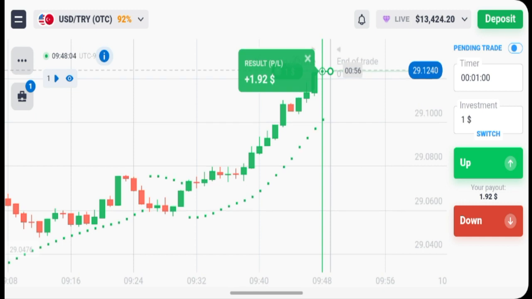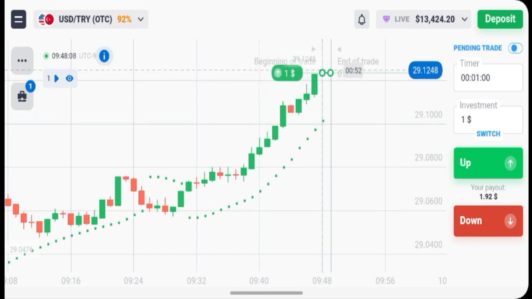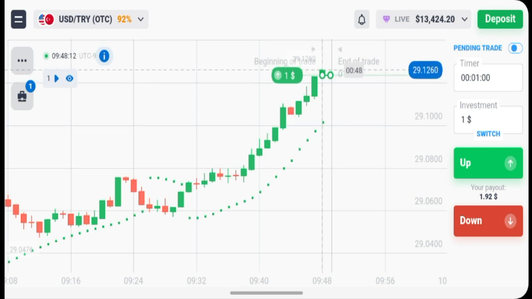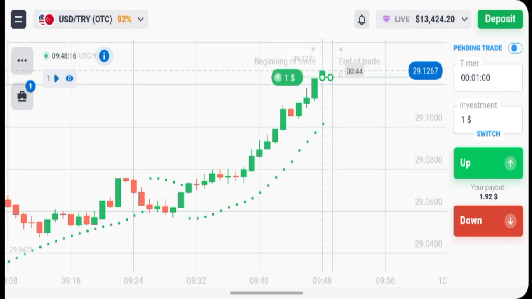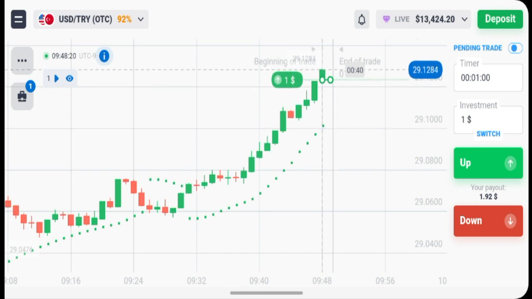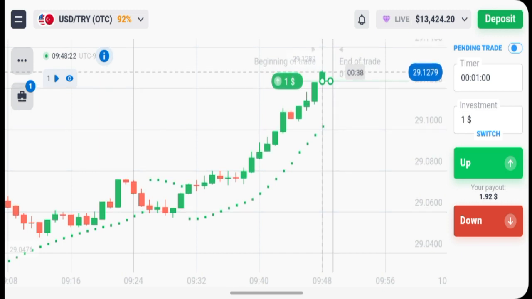So this trade we just won again. We go in again with another $1. As long as we are winning, we are just making 92 cents, 92 cents, 92 cents as we go. We are making 92 cents because the asset that we're trading, if you check at the top left, is paying 92 cents.